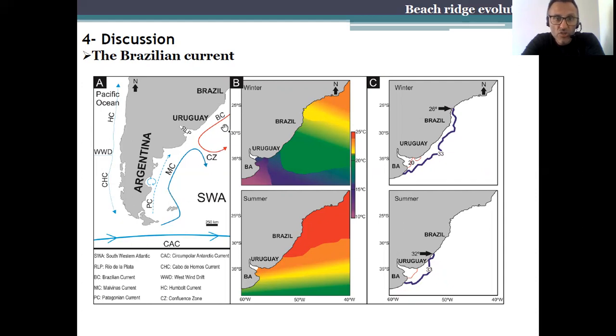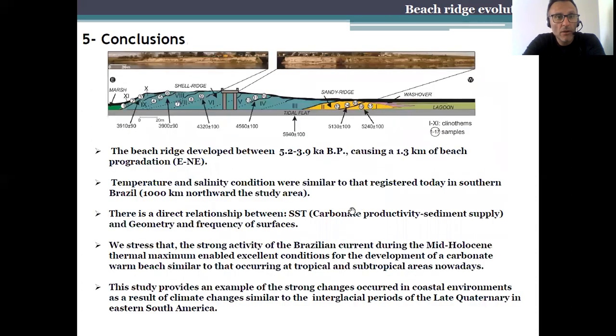This system changed its position to the south during the Holocene. The Brazilian current was stronger than today. So all of Buenos Aires province and maybe northern Patagonia were influenced by warm waters.